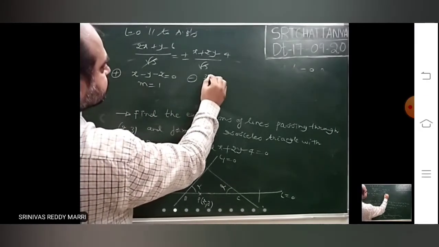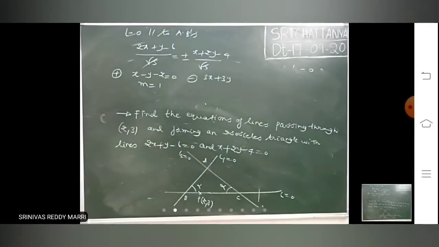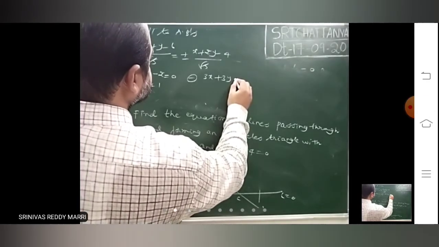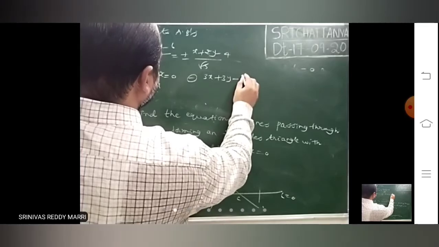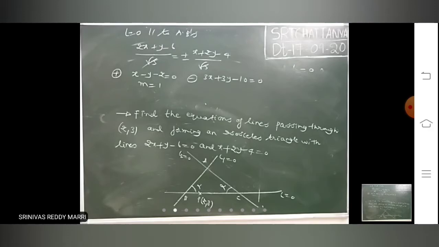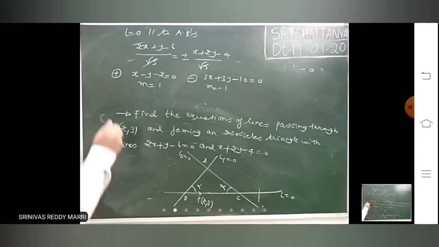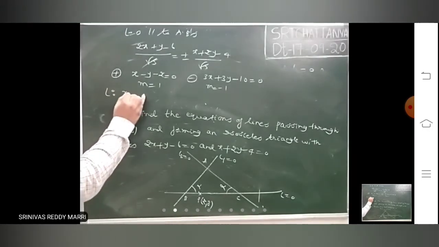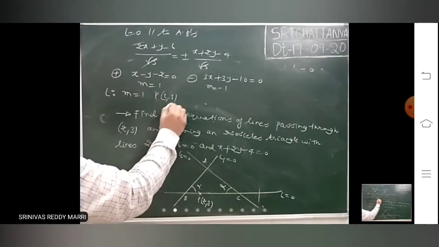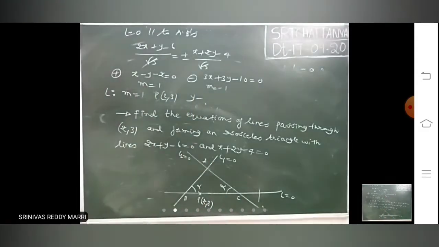If you take minus, 3x + 3y - 6 - 10 = 0. The slope of this line is what? Minus 1. That means the L line you can write like this: m equal to 1 and P (2, 3). One possibility is L. The slope of L is 1 or minus 1.